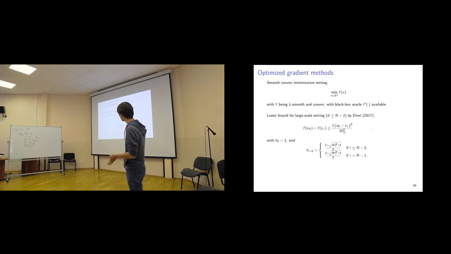It is known that whatever the first order method, you will never be able to achieve something in function values that is better than this bound. So there is no first order method that will achieve, for all smooth convex functions, something better than convergence in 1 over n squared.